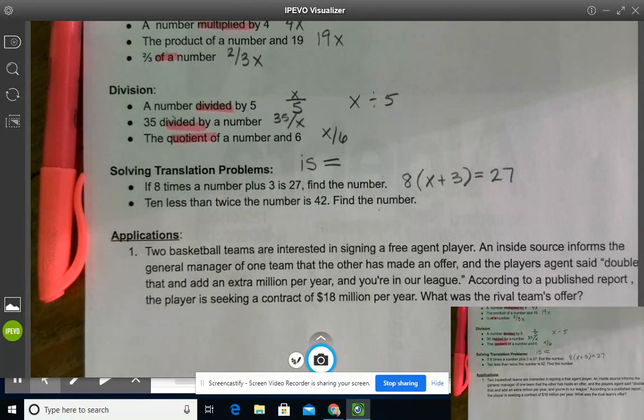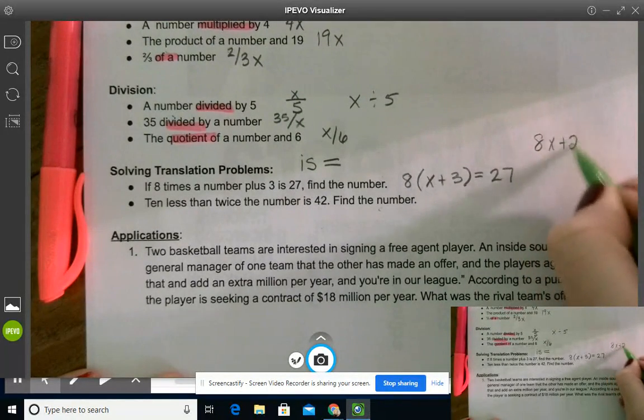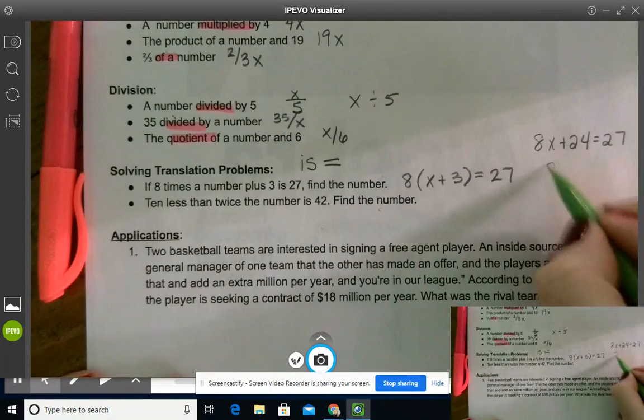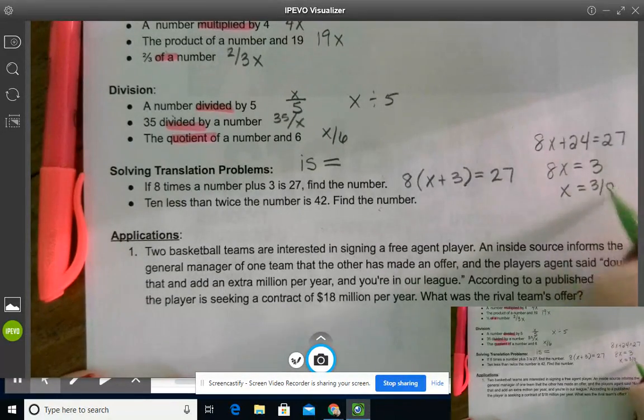A couple different ways to solve it. You can, what's the word I'm looking for? Distribute it. So if you distribute it, you would get, you still see what I'm writing, 8x plus 24, right? Subtract 24, and that would get you 3, which means your answer would be 3/8.